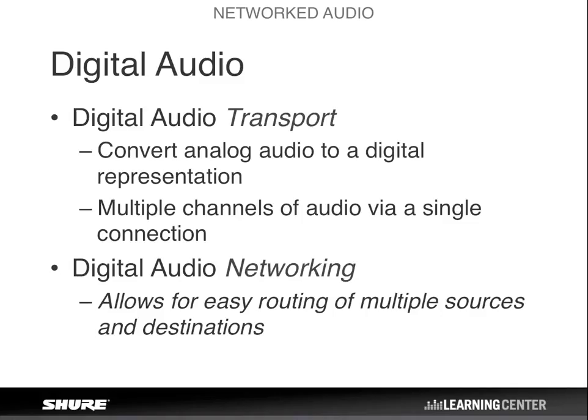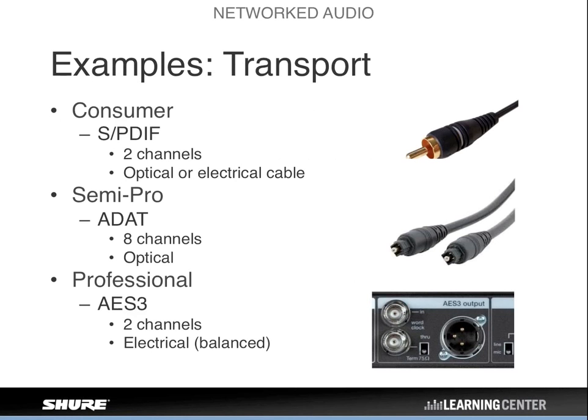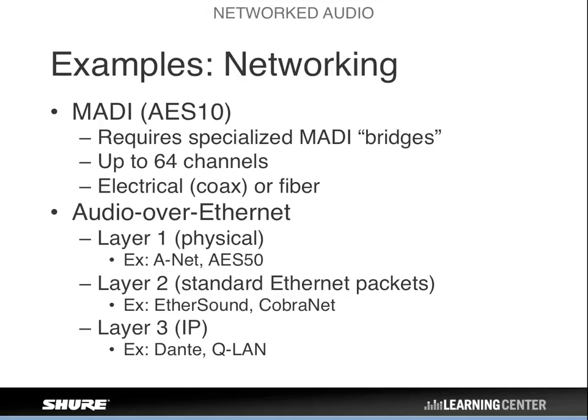But in digital audio networking, you're taking the digital audio output from your device and putting it on a network so that other devices can easily get to that audio. So rather than just a one-to-one connection, it sets up a network of devices that can all utilize and route that audio. So in the interest of time, we'll skip right to the different audio networking protocols that exist.